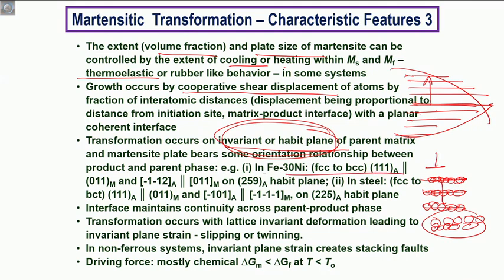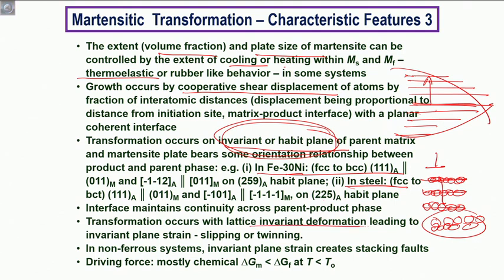For example, in iron 30 nickel alloy, or typically in steel, or in some other alloys, there will be certain planes where Martensitic transformation is favored, and that is purely arising out of the fact that for shear you actually require atoms slightly apart, so that the atoms can move by fractions of interatomic distances and not hop from one place to the very next possible position.